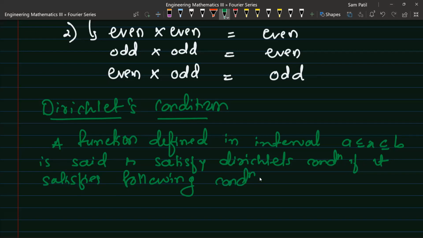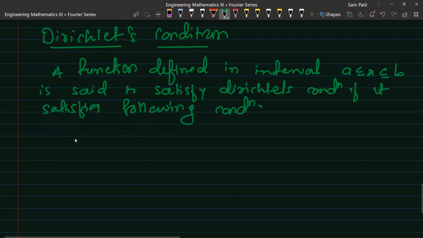What are those conditions? The first condition is that f(x) is periodic. We have seen what a periodic function is. f(x) is periodic.